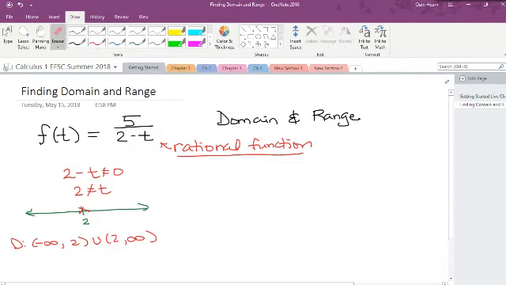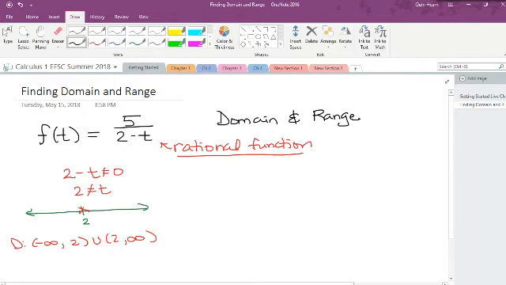Another way that you may be familiar with in pre-calculus is finding the horizontal asymptote. The denominator has a polynomial that has a higher degree than the numerator, so therefore the horizontal asymptote will always be 0.